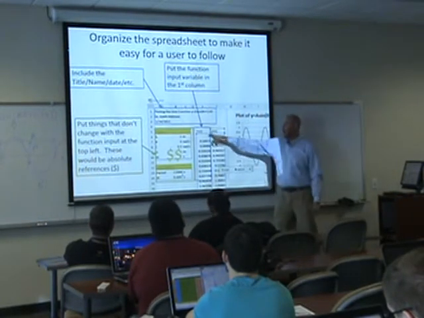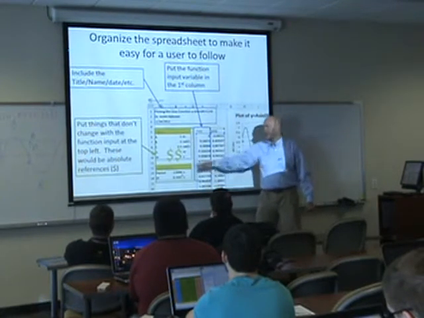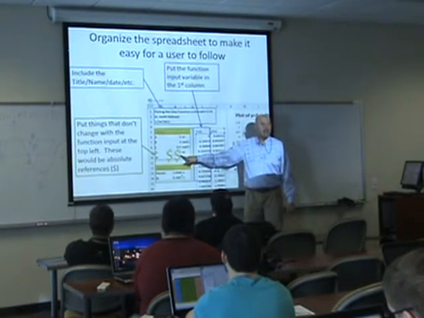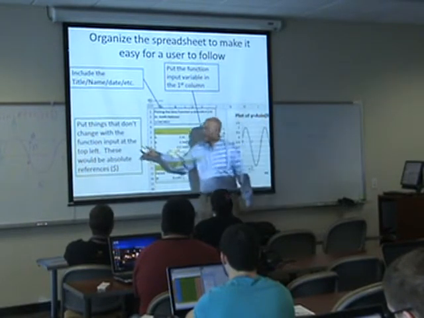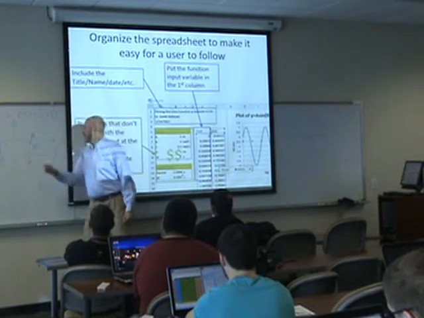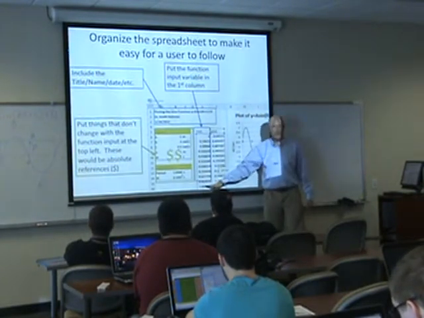This is your input to the function. This has several different values. Your A, B, C, and D aren't going to change as T changes. So these are constants. These are things that don't change. They go up here, and T goes here. That's just your input to your function.